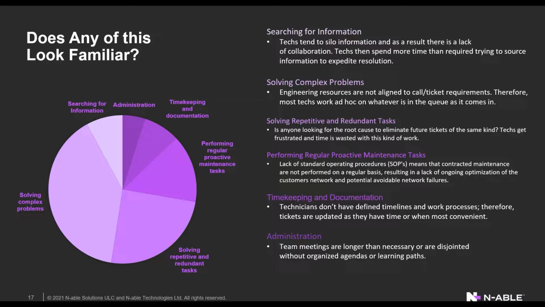So if we look at what that is, that is our project work. That is our tier 3 technicians, okay, having to get involved. While these are typically not aligned with call or ticket requirements, okay, they happen sometimes. So this is our project work, right?